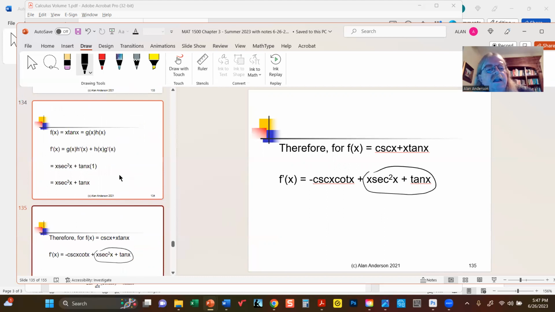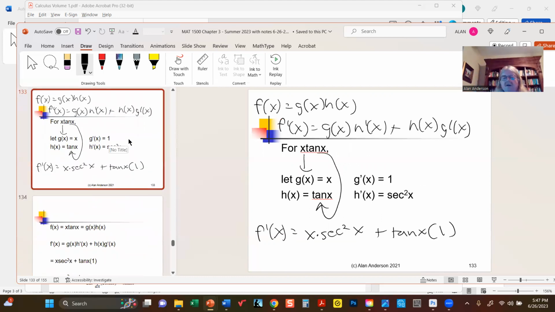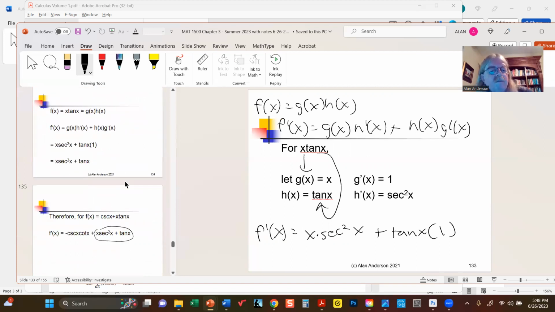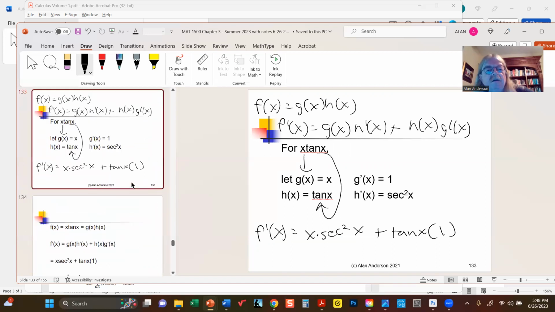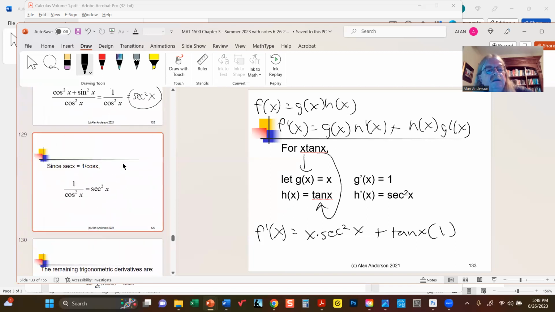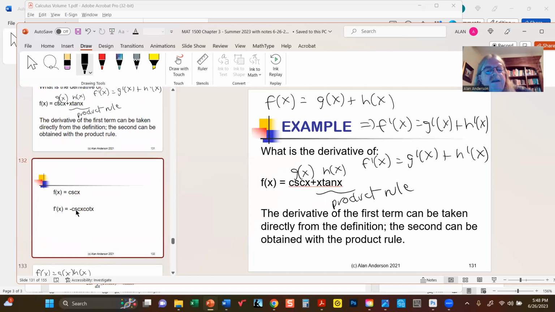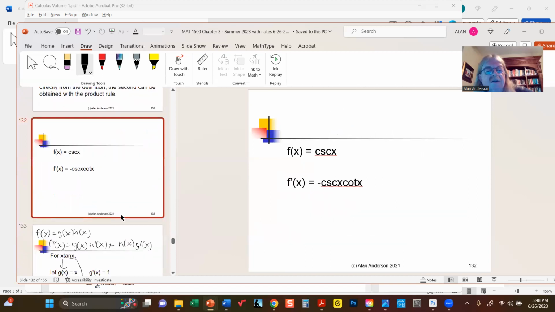Actually, it's been consolidated a little bit here. And then the first term, remember, we saw that the derivative of the cosecant is this, negative cosecant times cotangent.